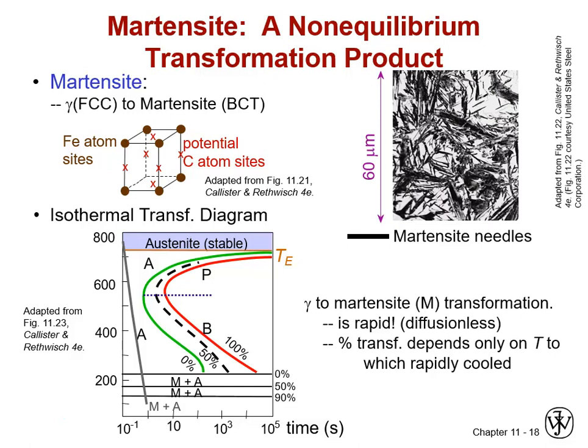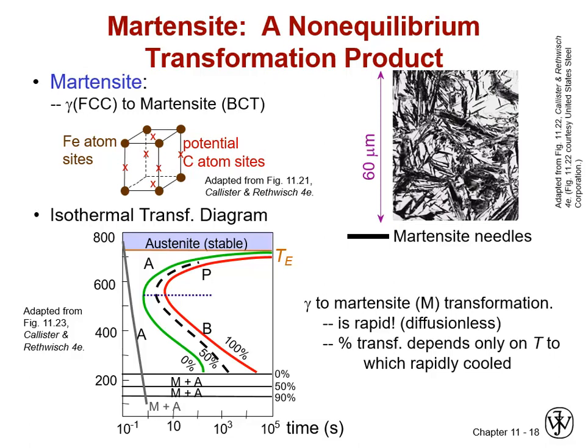This body-centered tetragonal structure, again, is not an equilibrium structure. It will only form when diffusion is too slow to allow the carbon to get out of the way and allow the iron to rearrange into a stable body-centered cubic structure. And so we call this a metastable phase. It has a tremendous amount of strain energy.